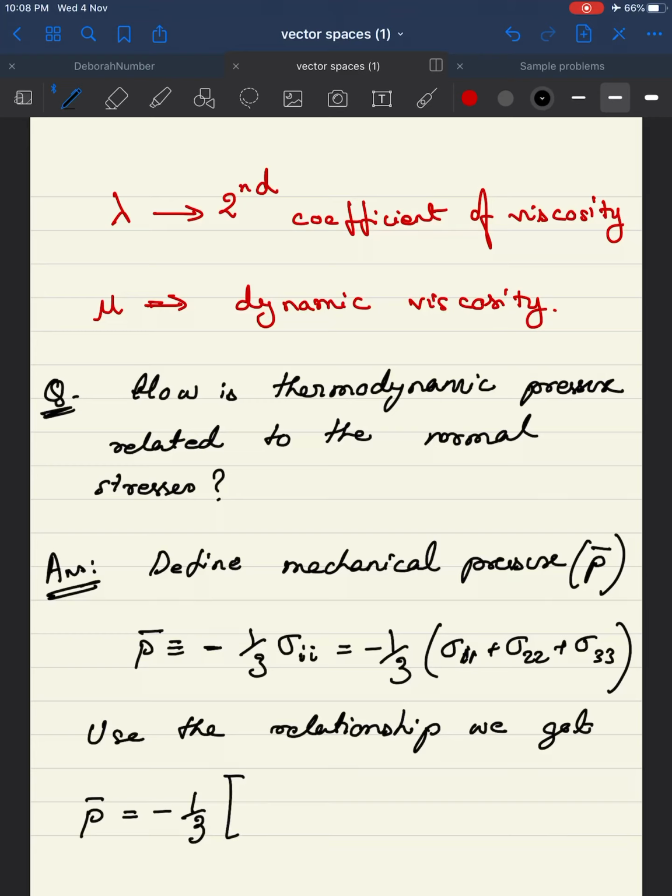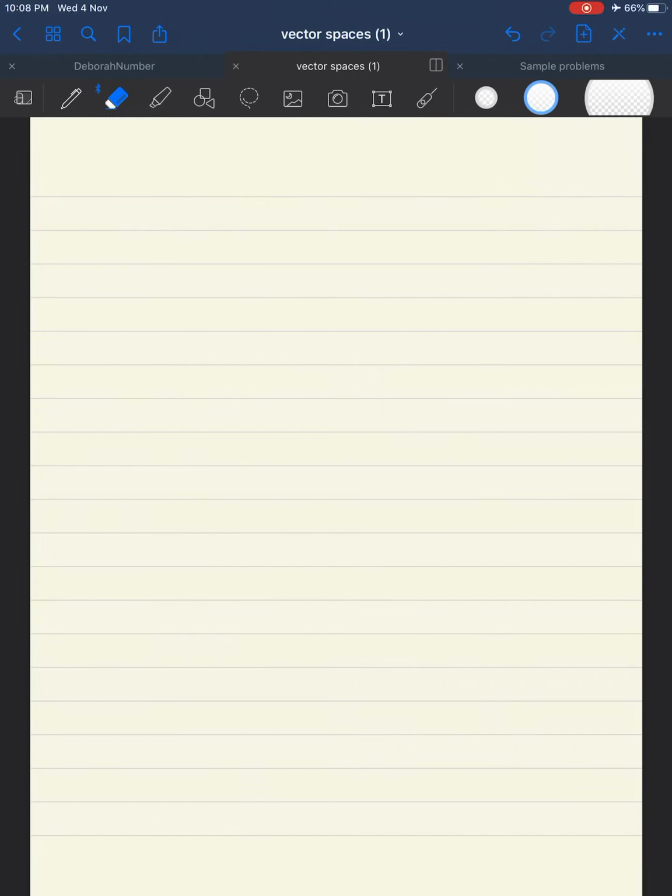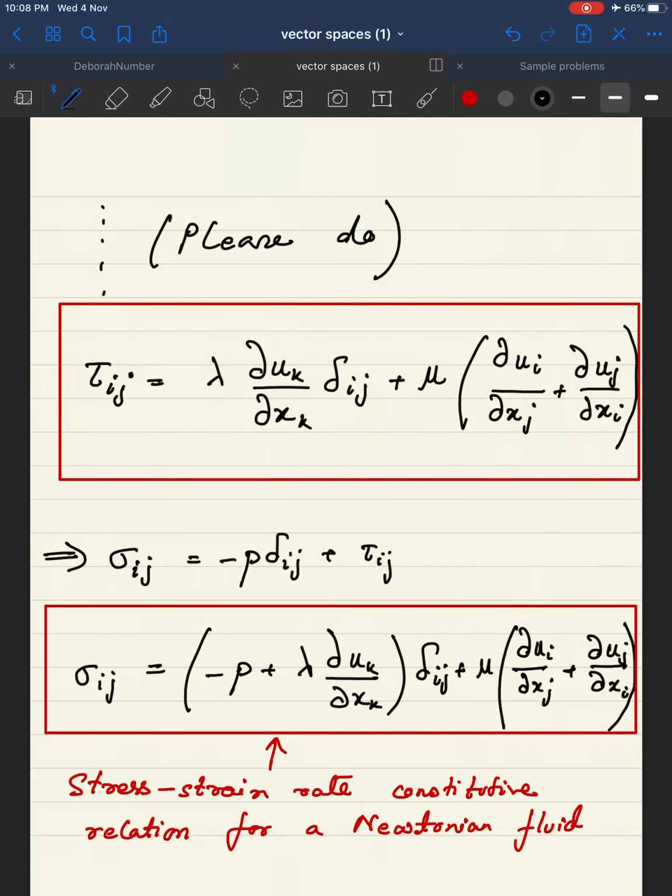I'll just go to the next page, because I am going to spill over in my equations. So P bar is equal to minus 1 by 3, and then there will be 3 terms which will look very similar, which obviously is just going to be this particular term, right?